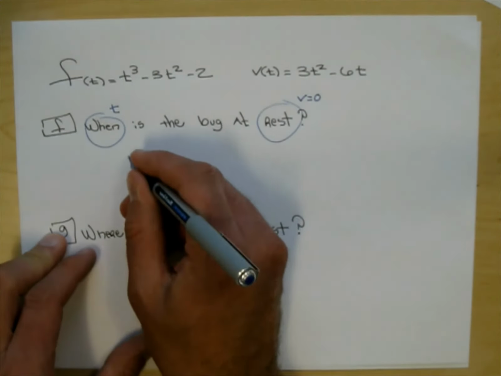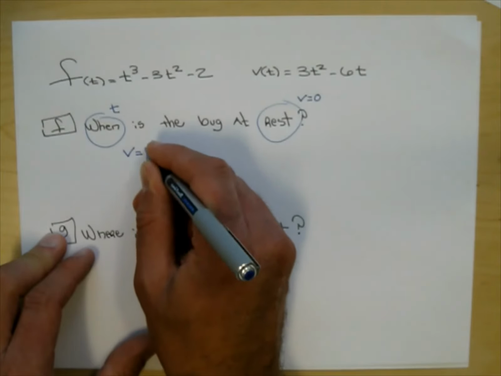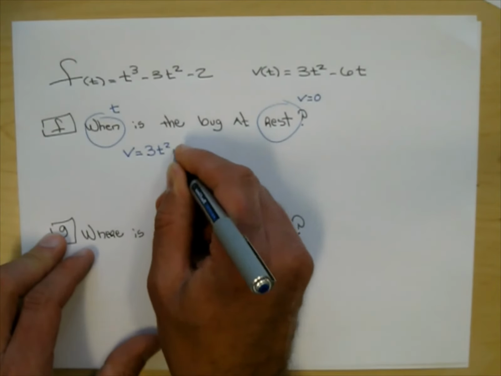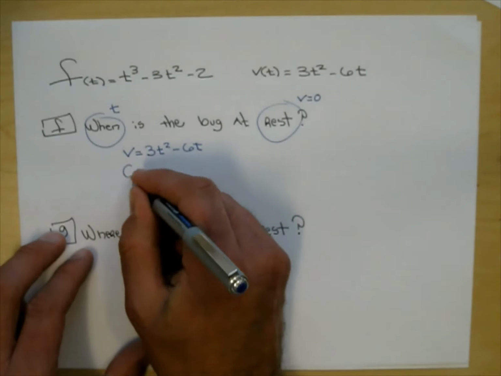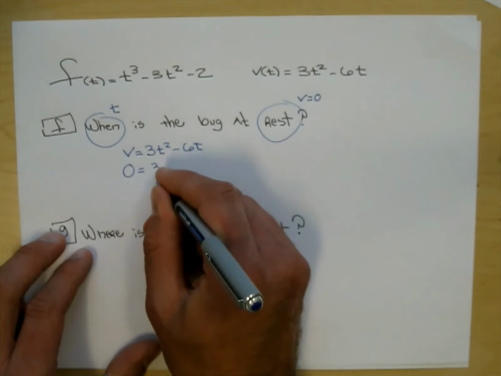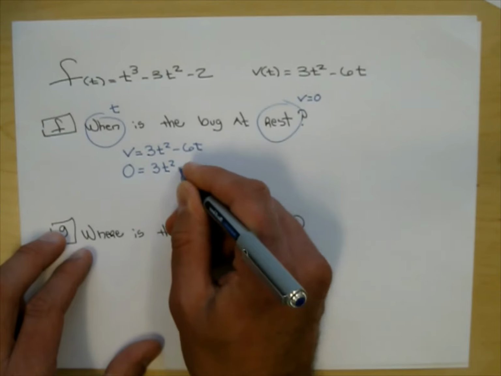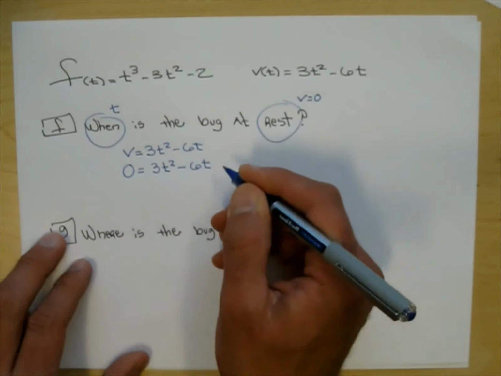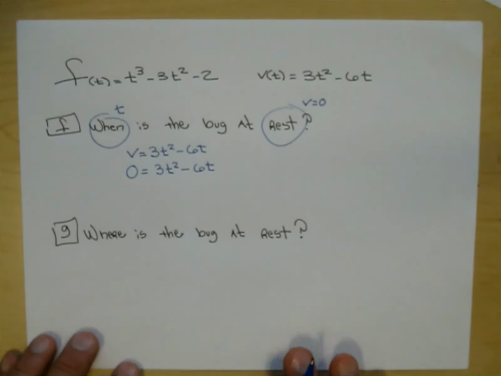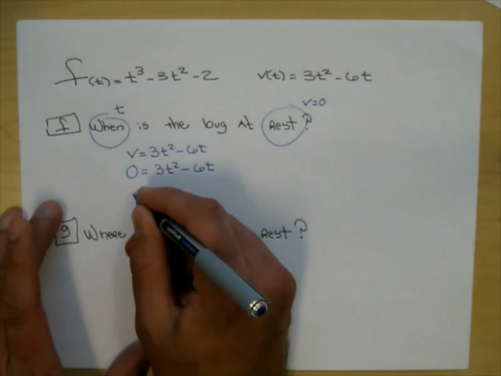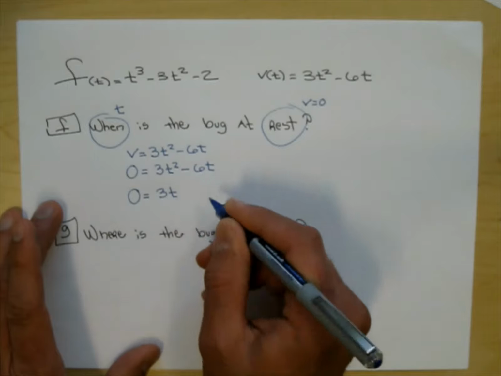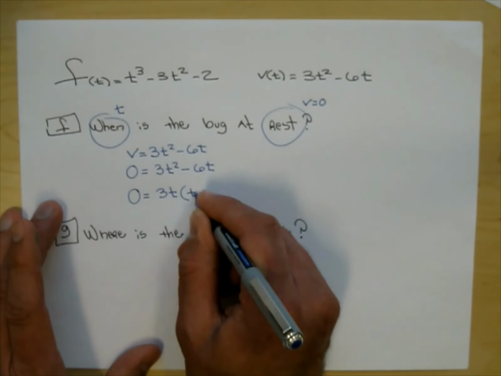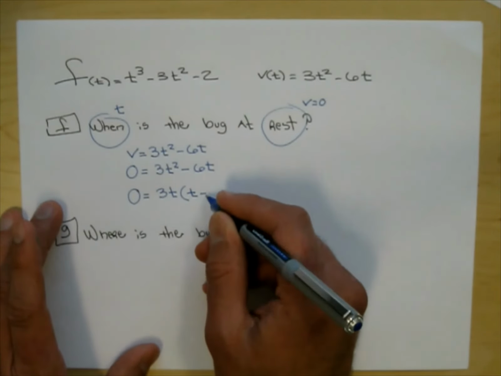So we go to this function right here. V equals 3t squared minus 6t. V is 0, and we're supposed to find what t is. Hopefully I factor this correctly, unlike the one I did earlier. I'm going to factor out a 3t, so this gives me a t minus 2.